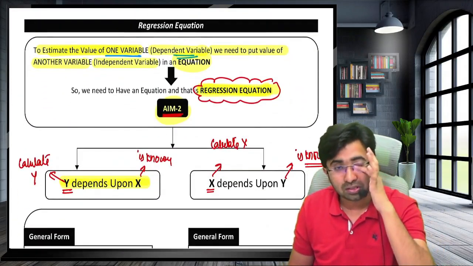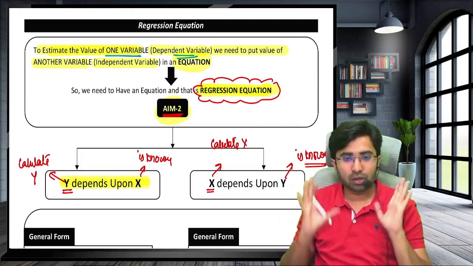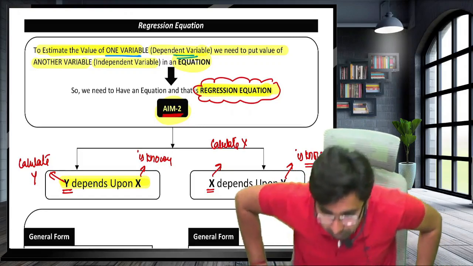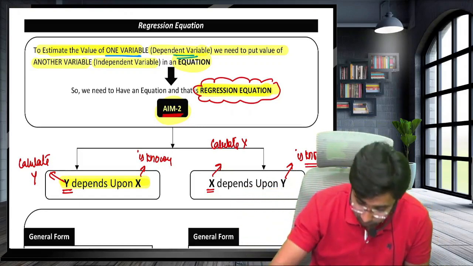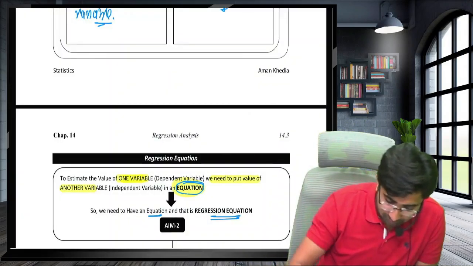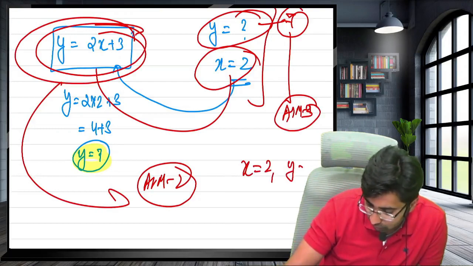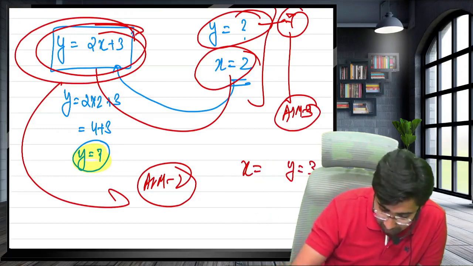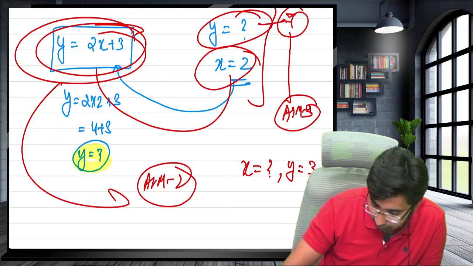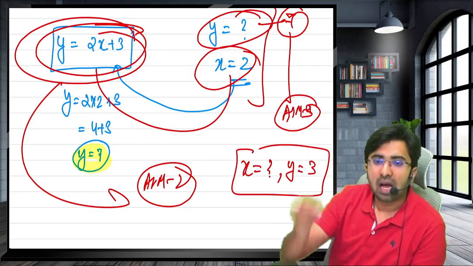Sundar, just tell me, it is very important that this much is clear to you. Without the regression equation, see how you will achieve it. If I say, Sundar, calculate the value of x when y is 3, how will you do it?